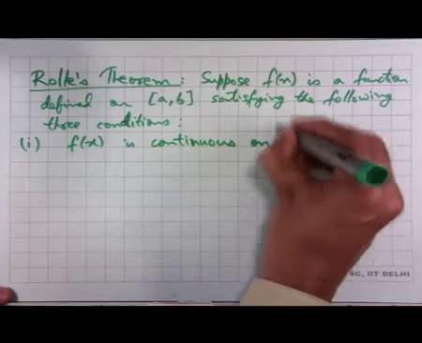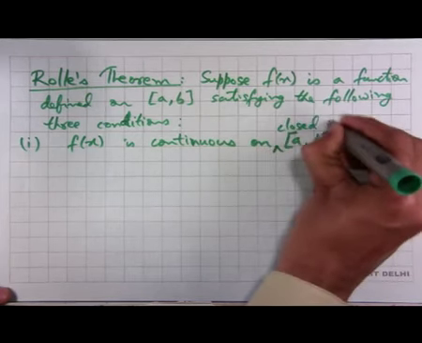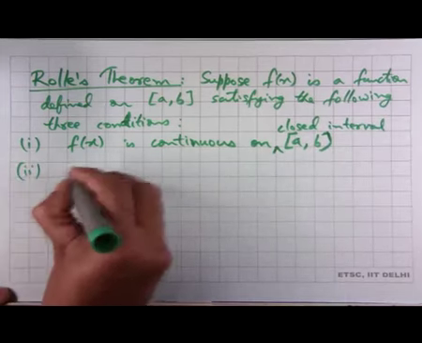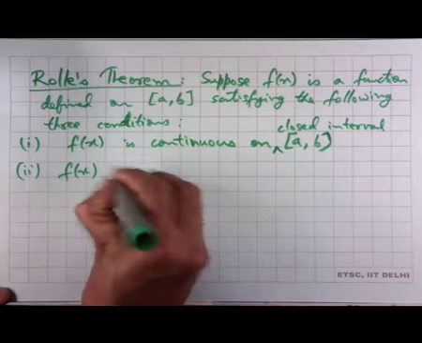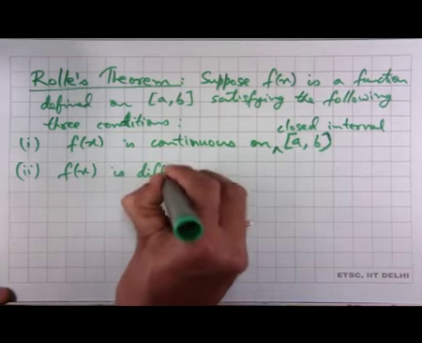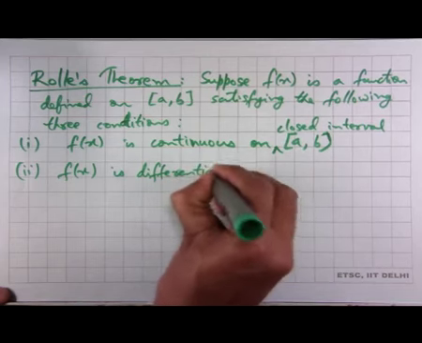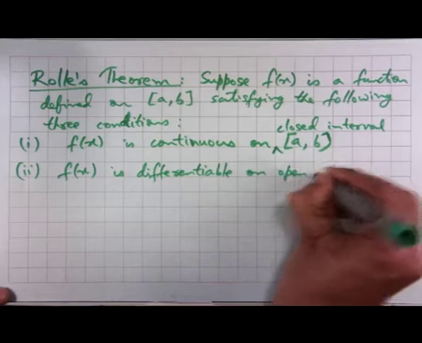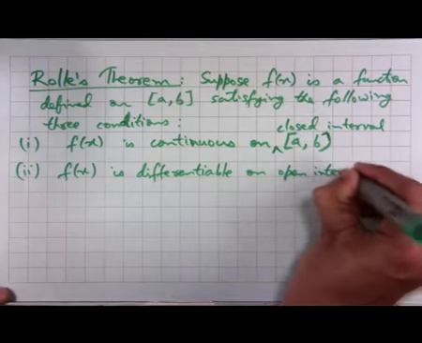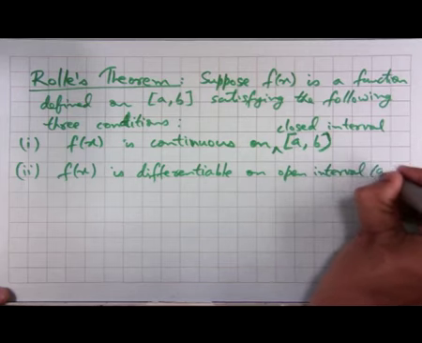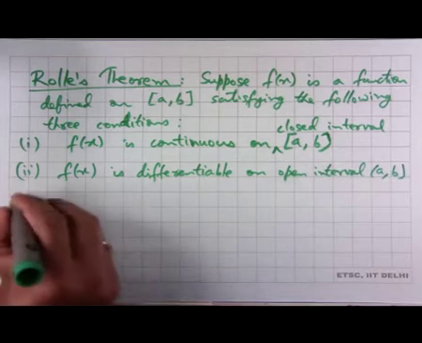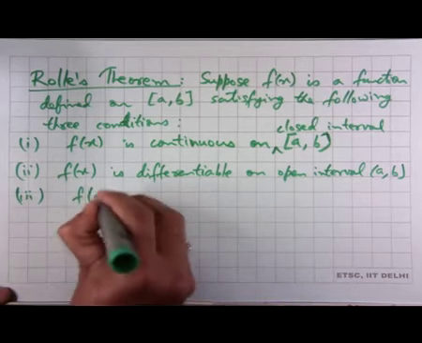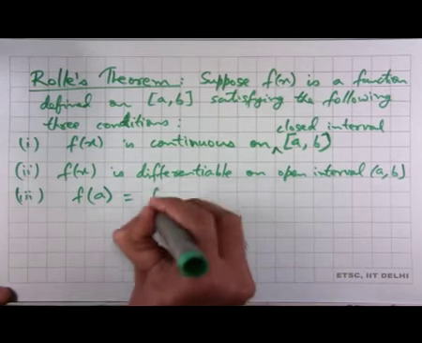Second is f x is assumed to be differentiable on the open interval a b, and the third condition is that the value of the function at the end points f a is equal to f of b.